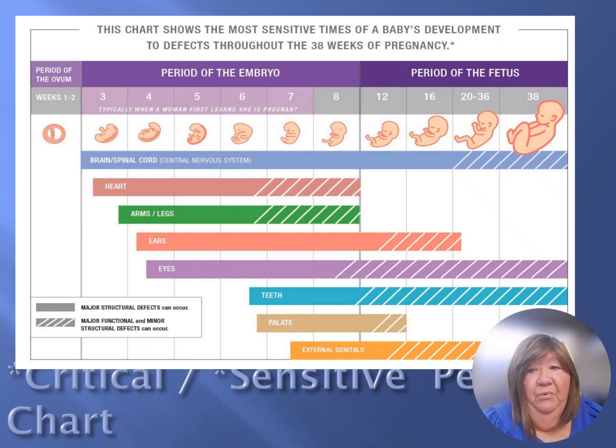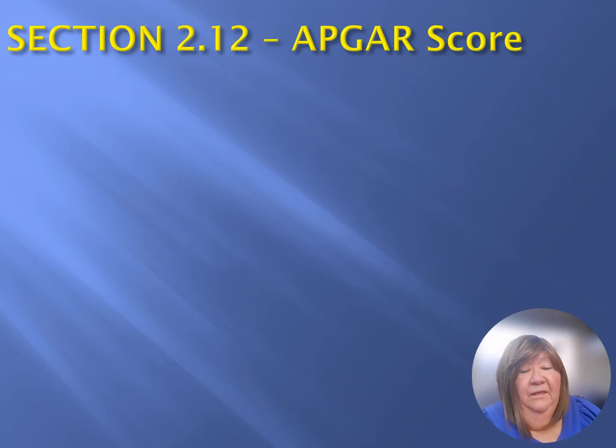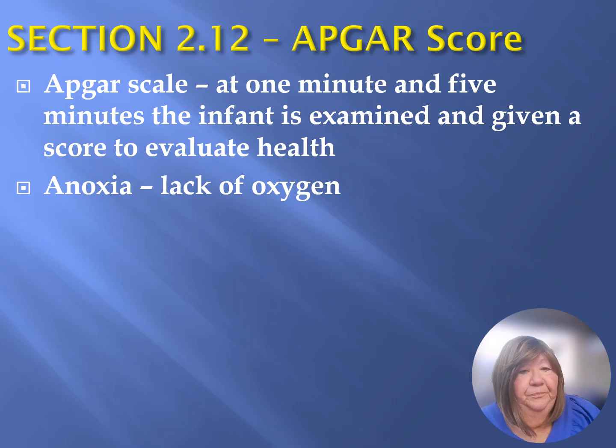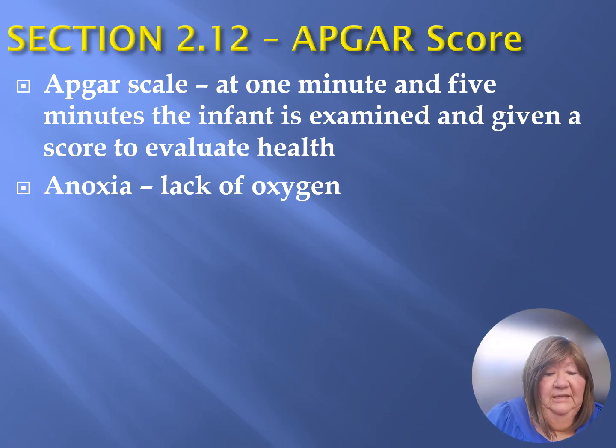After the baby's born, they immediately will assess the baby for health to see if there's something they need to do. They do it at 1 minute and 5 minute intervals, and they give them an APGAR score. Anoxia is they're checking for lack of oxygen.